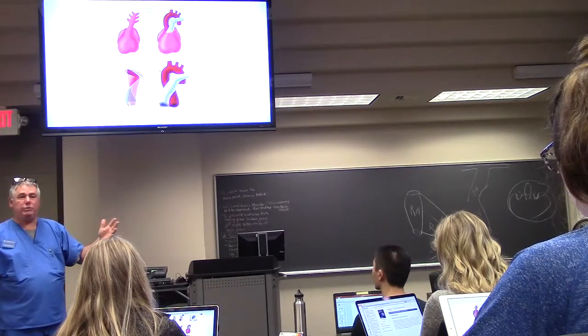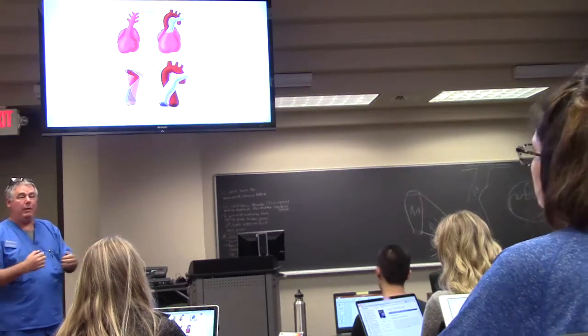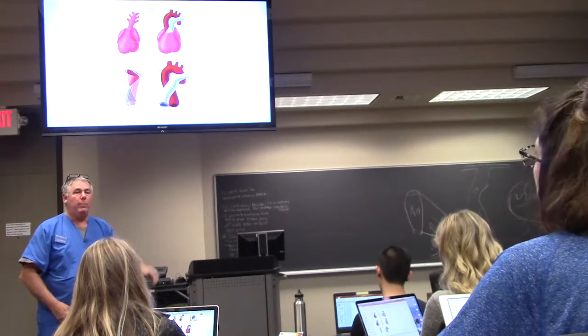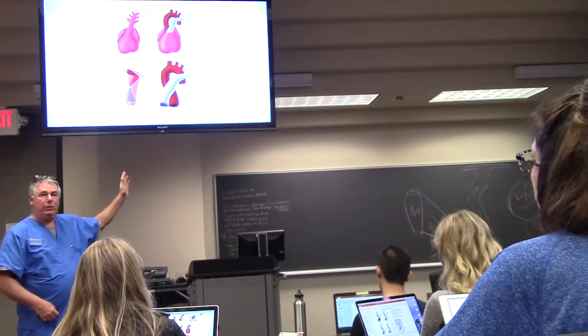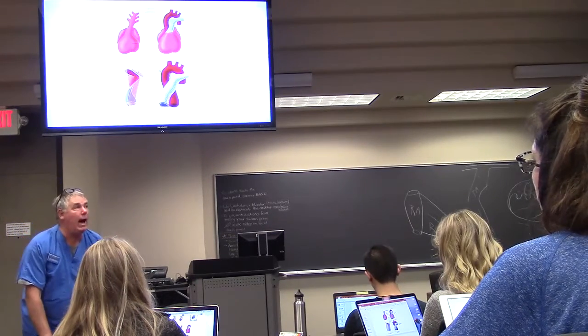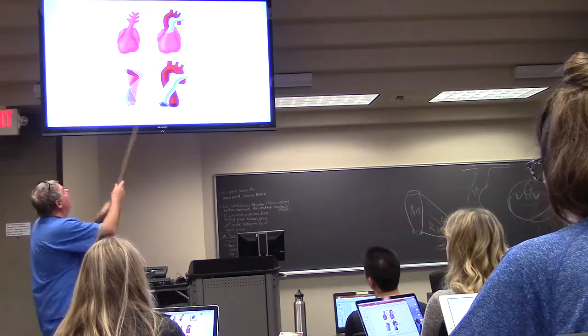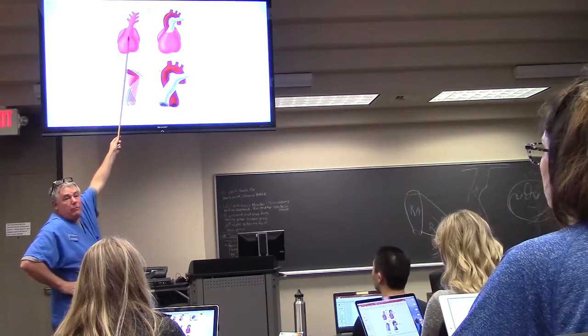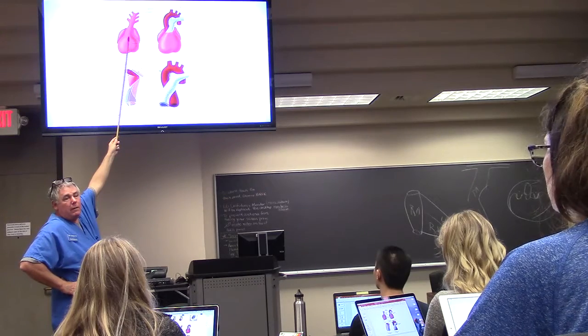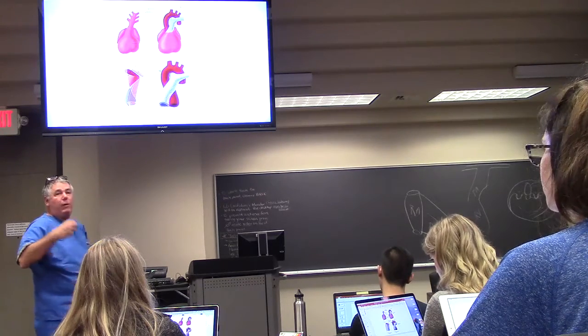A whole host of things will happen in those disorders, and we'll go over them tomorrow. But you have to understand how they were created. They were created at the top of the ventricles, like in tetralogy of Fallot.